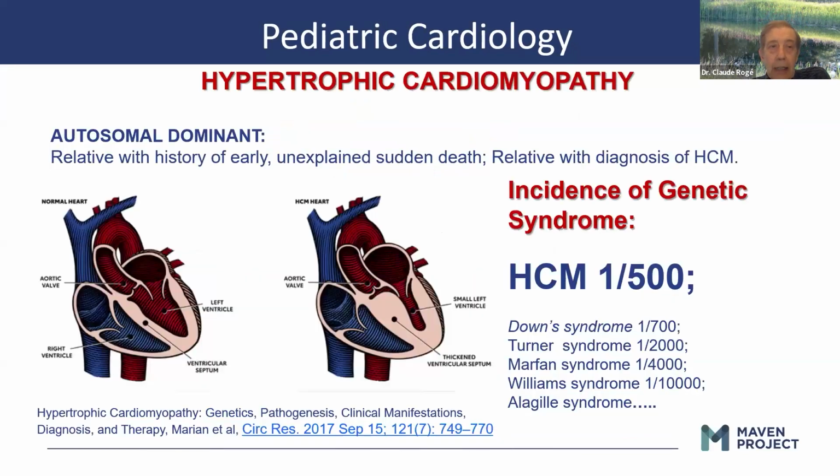But let's go over it. As we mentioned before, it is autosomal dominant. Now, the problem with that is that the penetrance varies tremendously. So you may have people who die suddenly in their 20s because they have hypertrophic cardiomyopathy, and you may have other people who are totally asymptomatic, go through life, and then in their 60s or so, they need to have surgery for something else, a fracture or something.